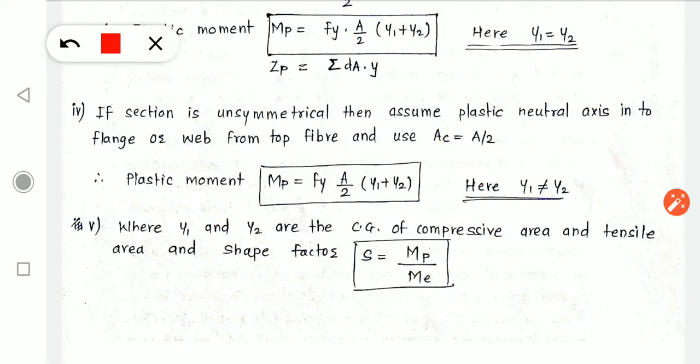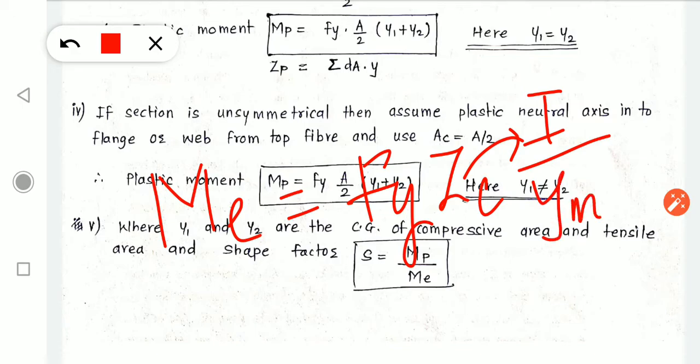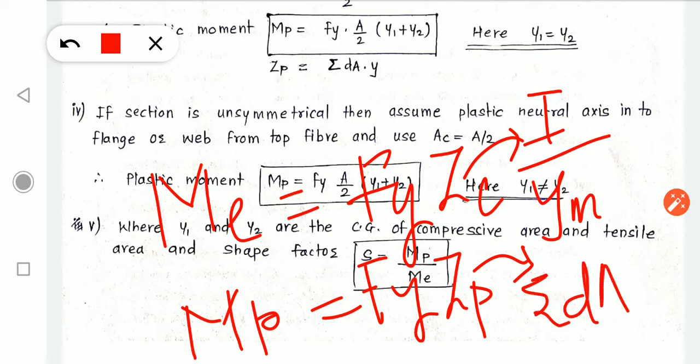Similarly, Me equals Fy into Ze, where Ze was I by Y max, whereas in the plastic moment it is Fy into Zp, where Zp is the summation of area into y.